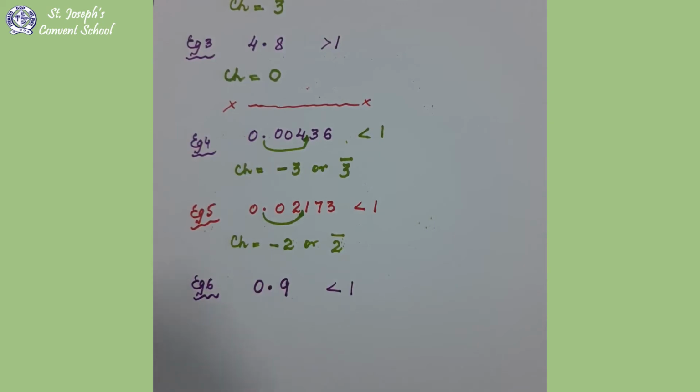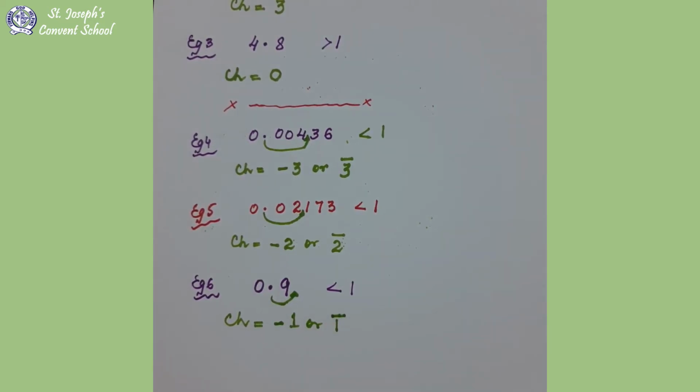Shift the decimal after the first non-zero digit. Here the first digit is 0, and then there is 9. 9 is the first non-zero digit, so you have to shift the decimal after 9. You shift one place, so it is 1. The number is less than 1, so it is a minus sign, or you can say bar 1.